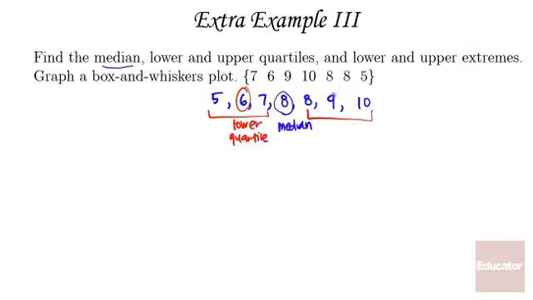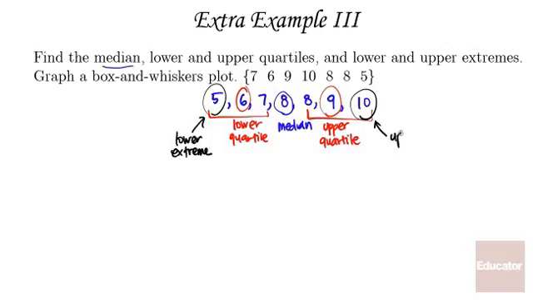Okay, this from here. There's my upper quartile. Then my lower extreme. My upper extreme.